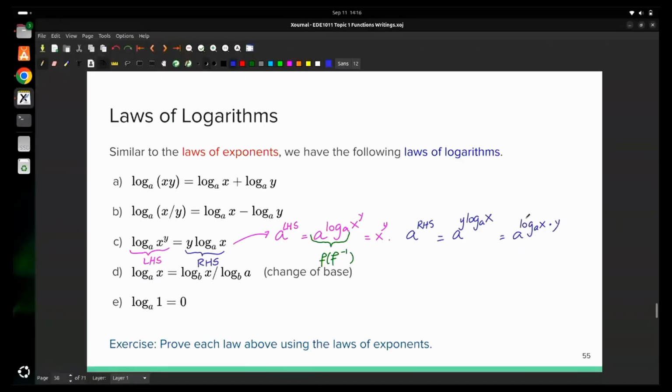But this part, as we mentioned, is f of f inverse again. So this whole thing will cancel, and therefore you get the x as your input down. So this becomes x to the power of y here.